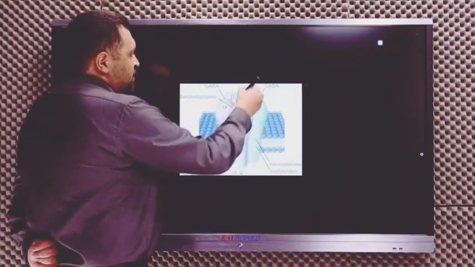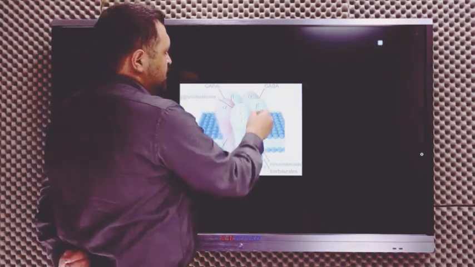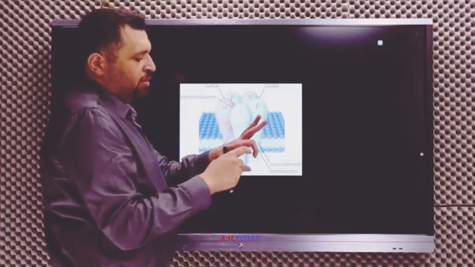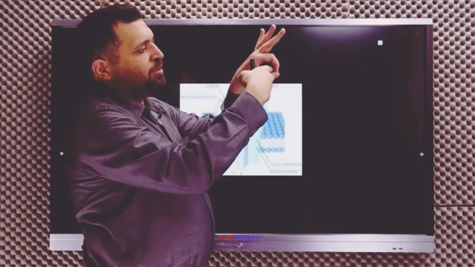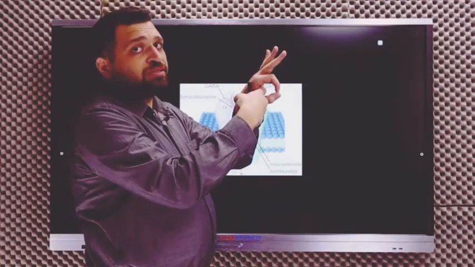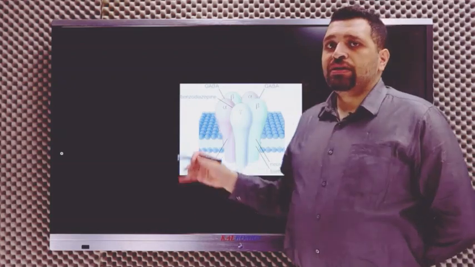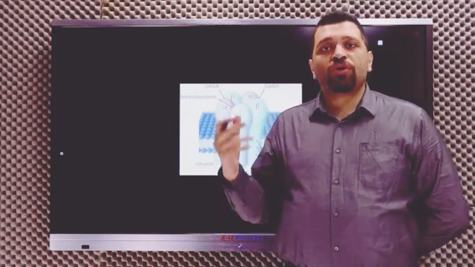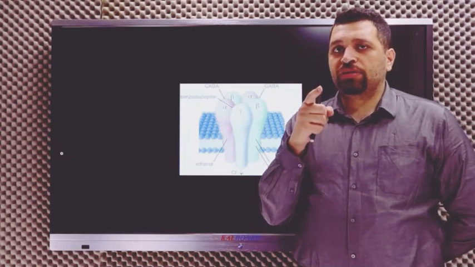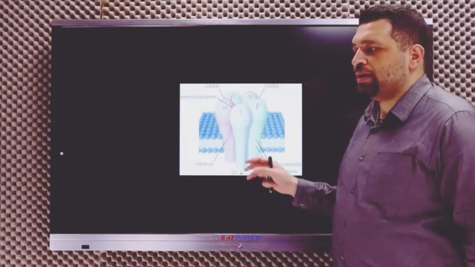Now, inside these subunits, between them, they are hollow like this. Between them is a channel that allows the passage of chloride. You know that chloride is a negative ion. So if you increase the passage of chloride, you will make the cell more negative and you will inhibit the cell. That's why GABA is an inhibitory receptor.